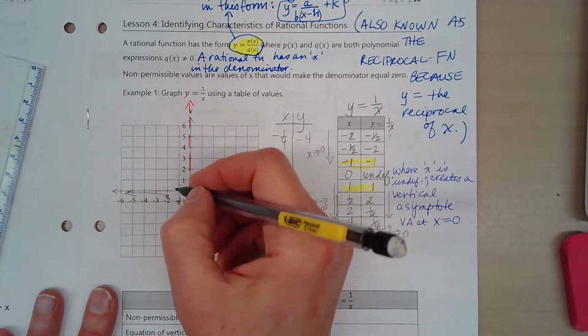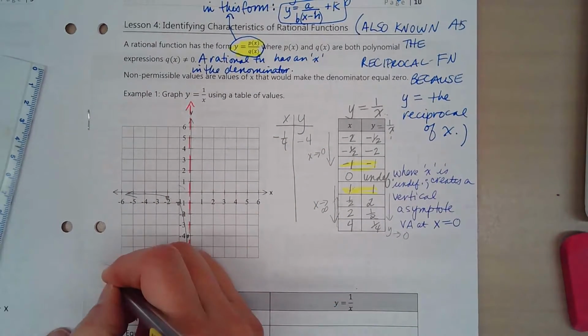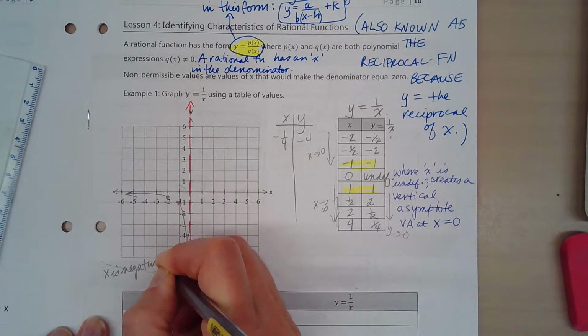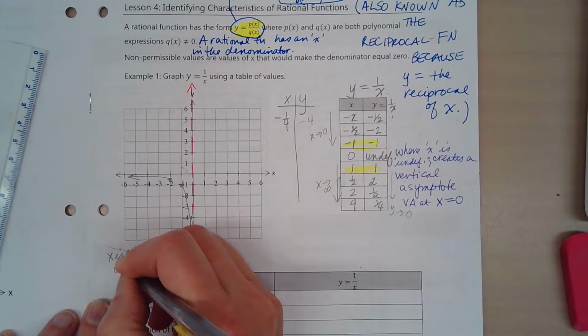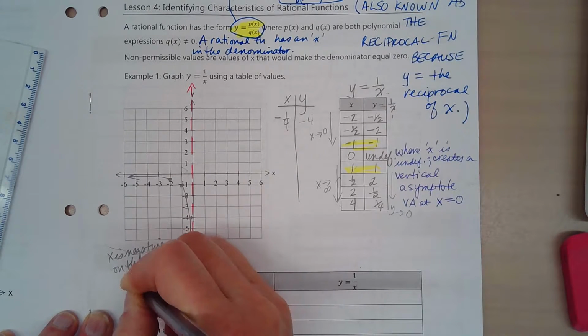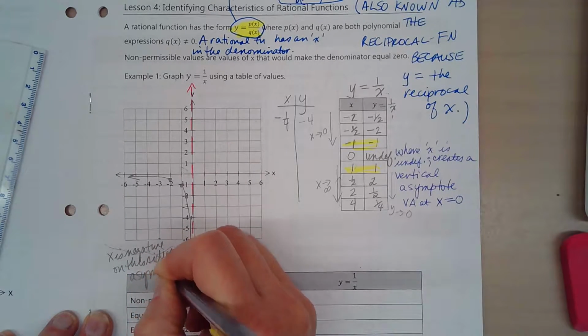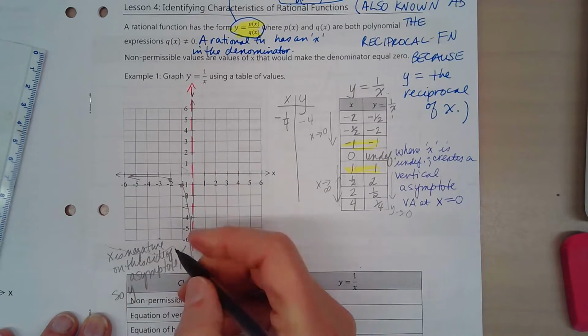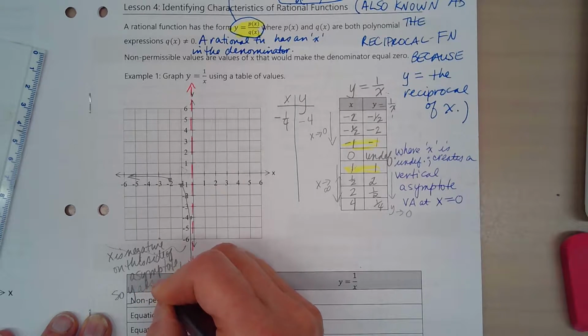Okay, now the interesting thing is, on this whole half of x, x is negative here, right? X is negative on this side of the asymptote. So y also must be negative.